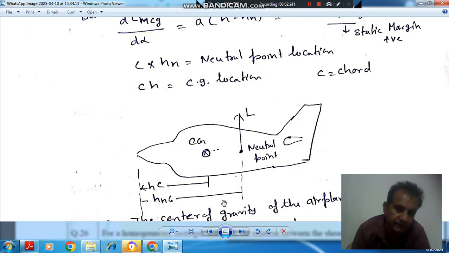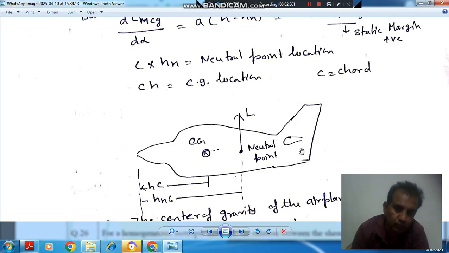So this is h times c, where c is your chord length, and h is the ratio of the distance to the chord length. Chord length is the total, and this is the distance; hn is this distance divided by c, so we write it as hn c.